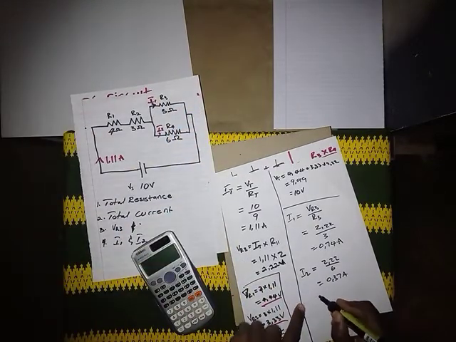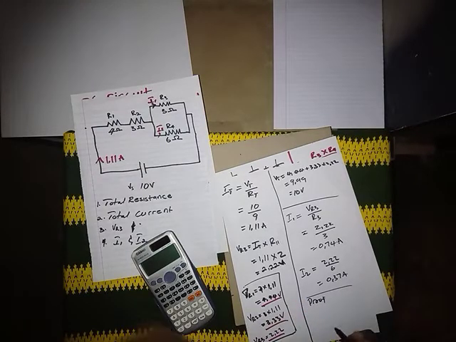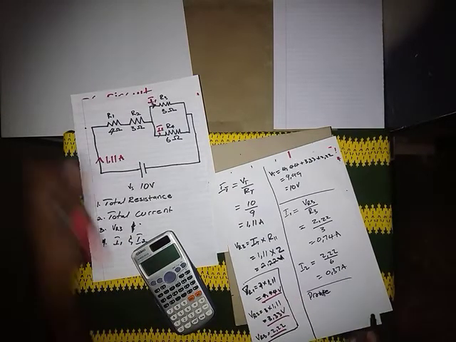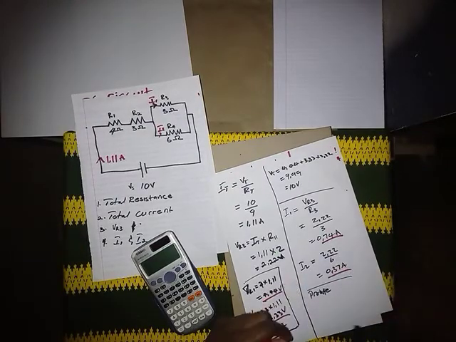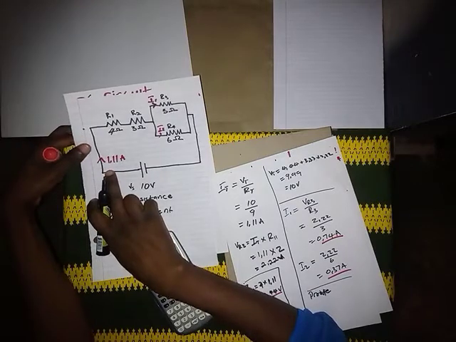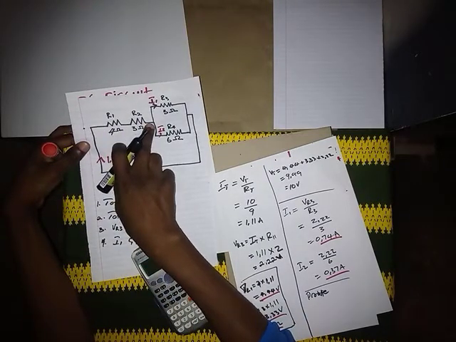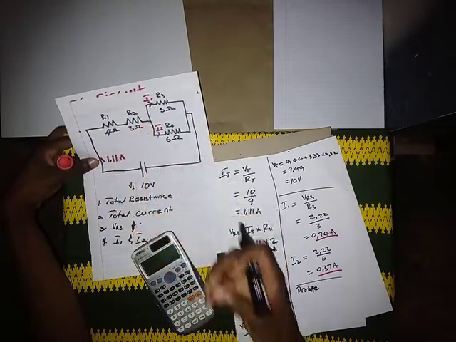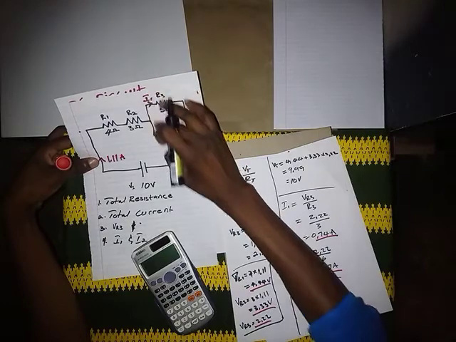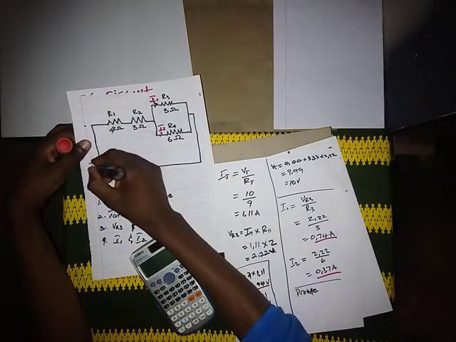To prove that the answers are correct, they must give us the total current, because this current came here and split into 2. That means the addition of these 2 must give us the total current, IT.